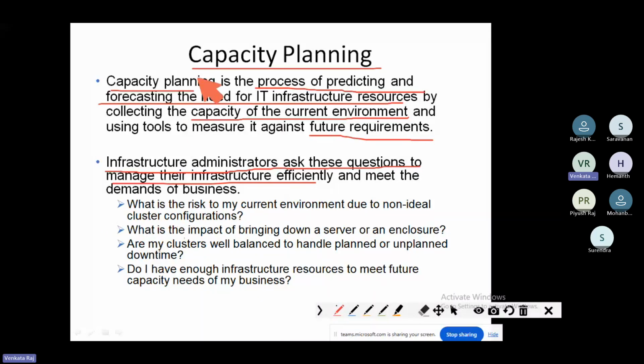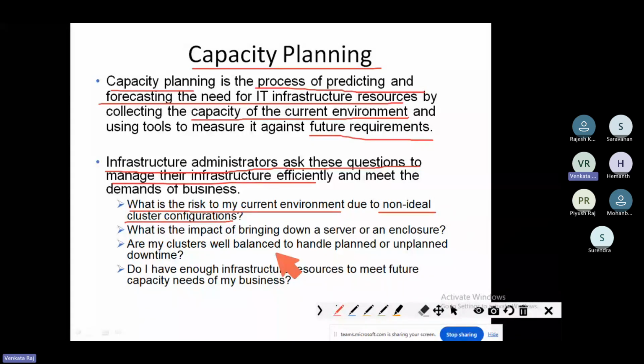As I told you, everyone cannot do capacity planning properly. And because of the incompetency, whatever current configuration would have been done might also be done incorrectly, guys. So what is the risk to my current environment due to non-ideal cluster configuration?